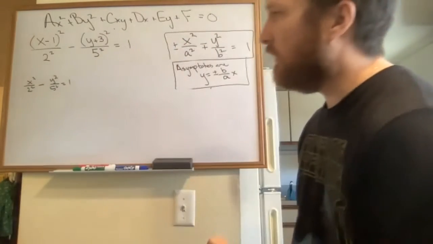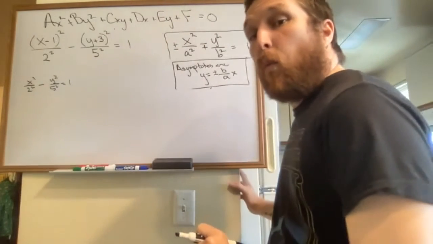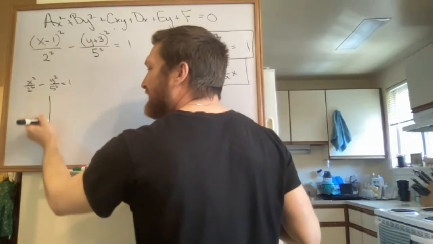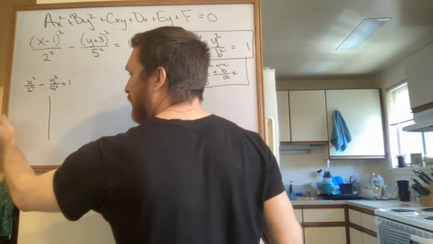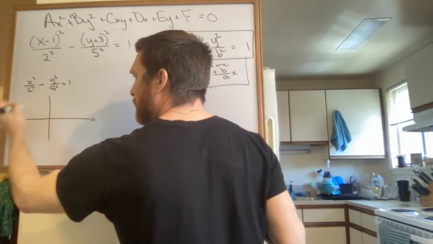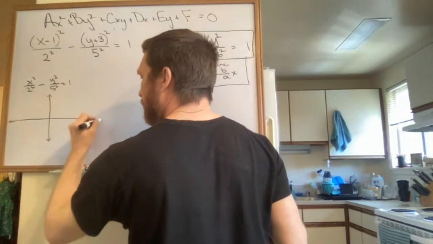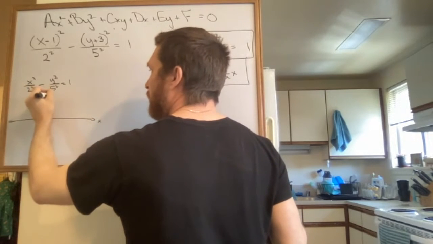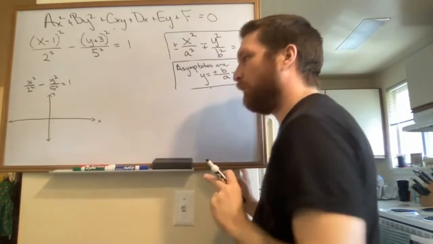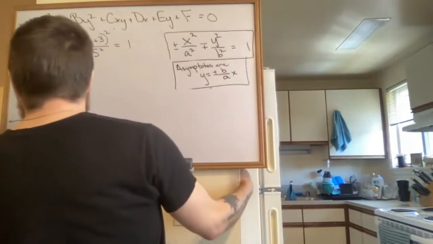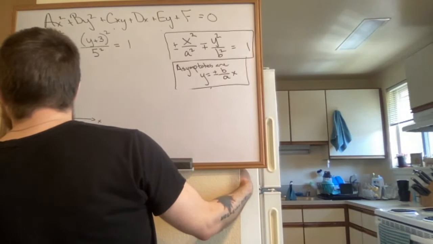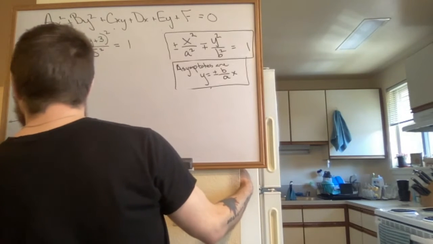Well, this goes through one of the axes. Which axis does it go through, and where does it go through it? It goes through the x-axis. Where? 2 and minus 2. There you go.